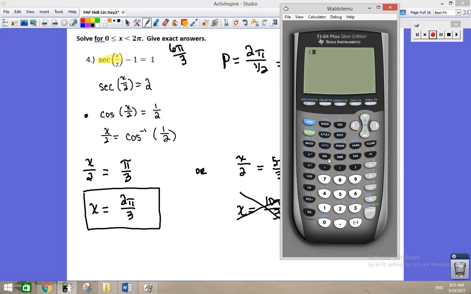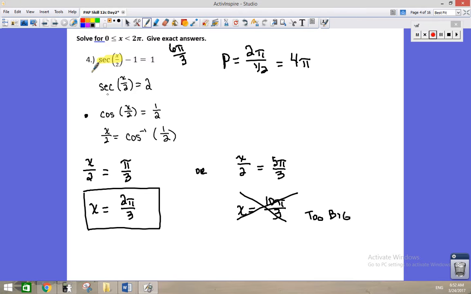I'm going to put my numerator in parentheses just to be cautious. So I've got 2 pi divided by 3 in my numerator, and then that's being divided by 2. Close that, and let's see if we get 1/2, if we get 0.5. And we do. So that is checking, and it seems like our answer is reasonable. So let's move on.